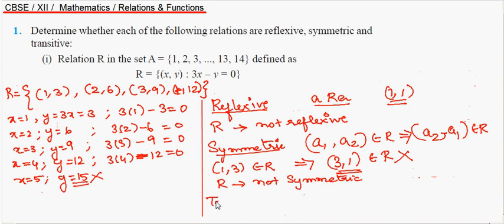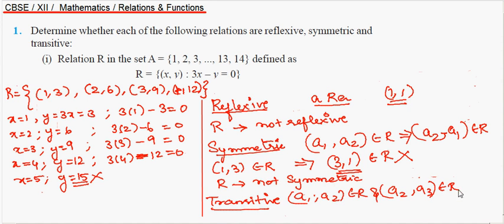Next we'll check the third property, that is transitive. It is like this: when a1 comma a2 belongs to a relation and a2 comma a3 belongs to the relation, then this implies a1 comma a3 also belongs to the relation. So we'll take an example.